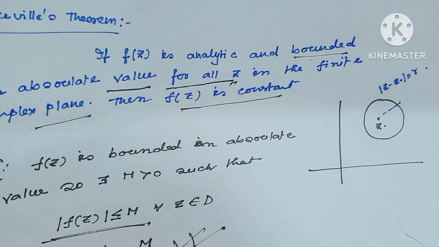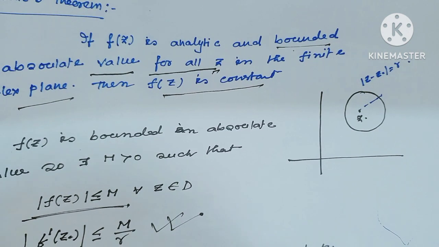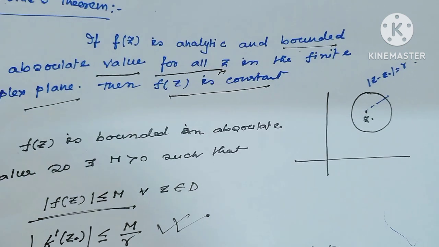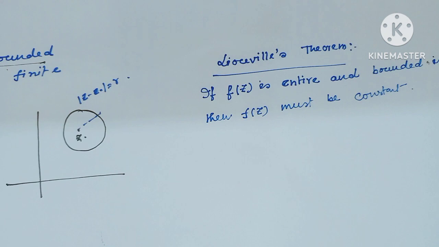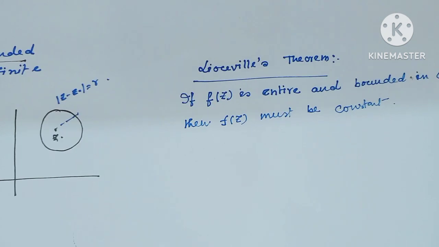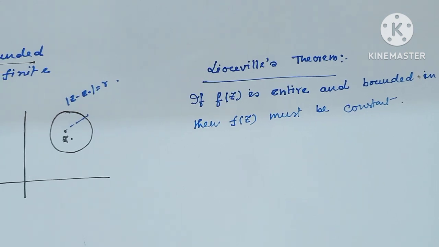So actually Liouville's theorem is applicable for entire functions. The actual statement of Liouville's theorem is: if f(z) is entire and bounded in the complex plane, then the function f(z) must be constant.